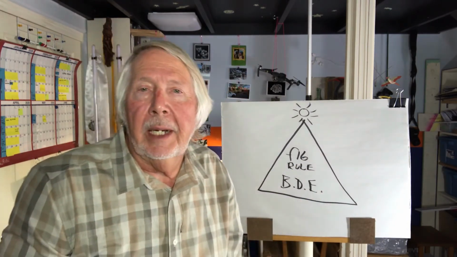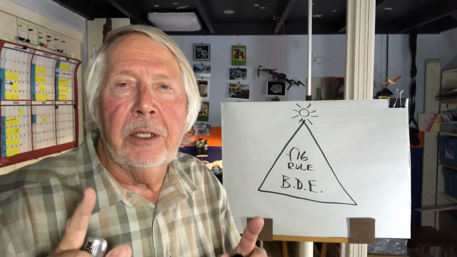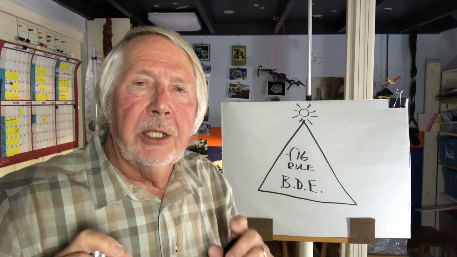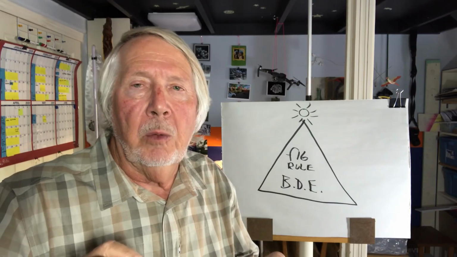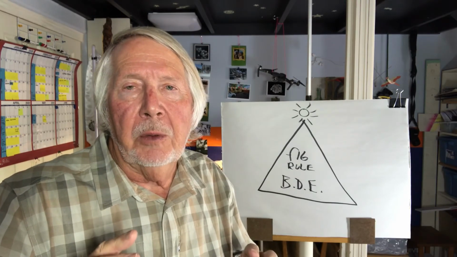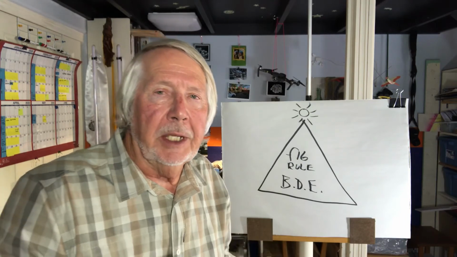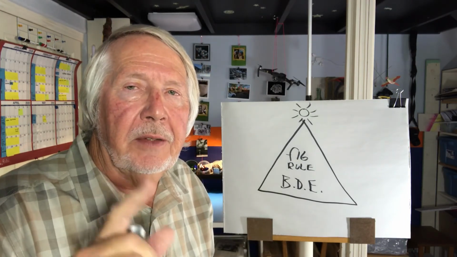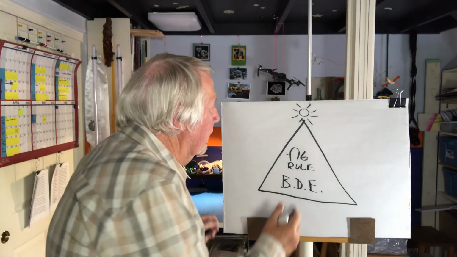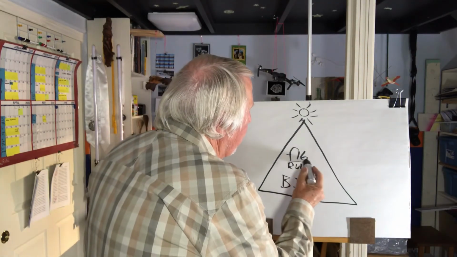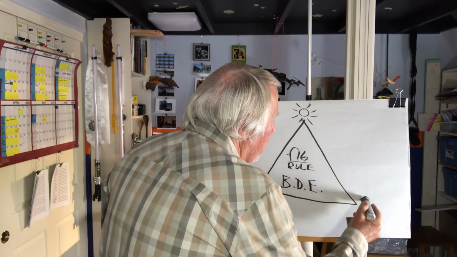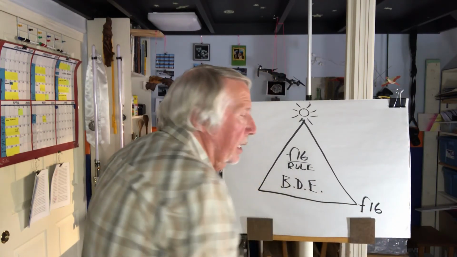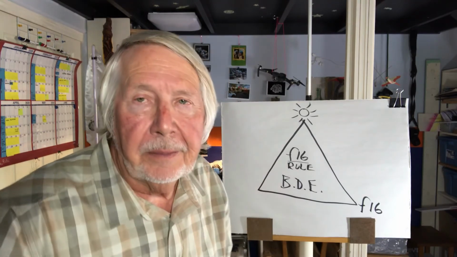Now, we have two questions when we go to set our camera. What shutter speed and what f-stop, or what aperture, what lens opening? Well, one of these is given to you, and that comes from f16. So over here we're going to write f16.